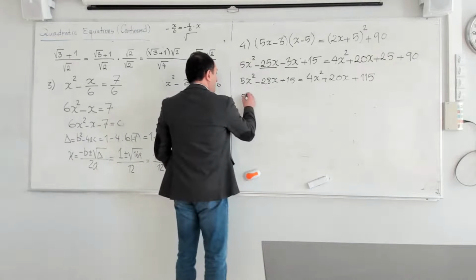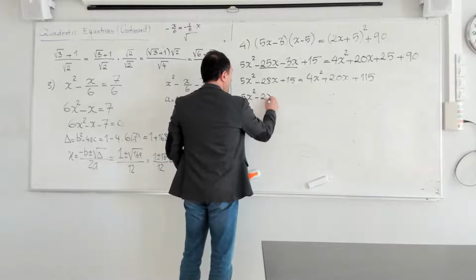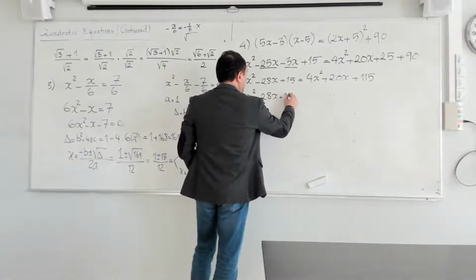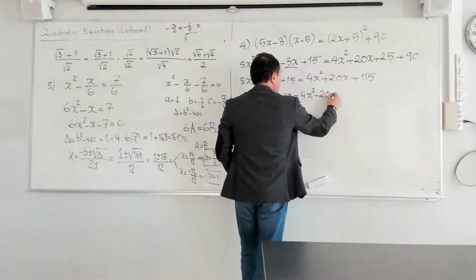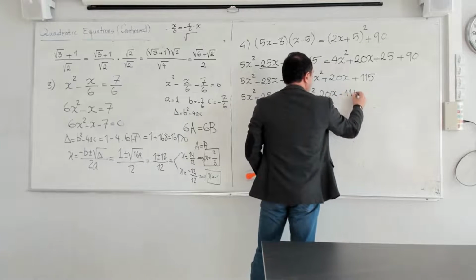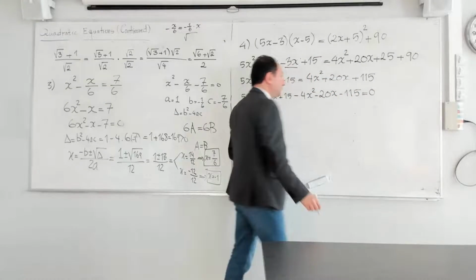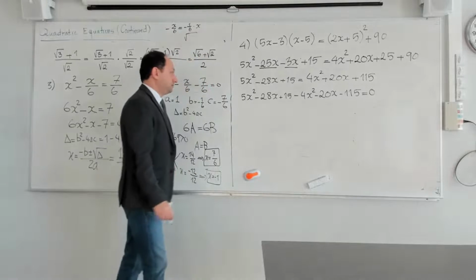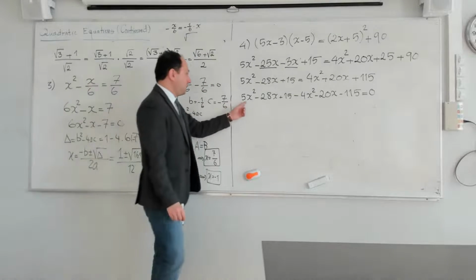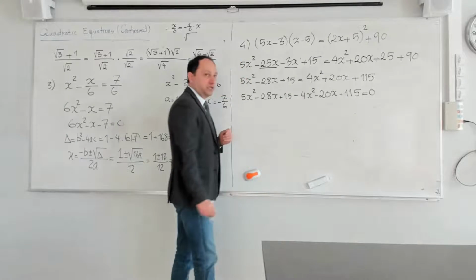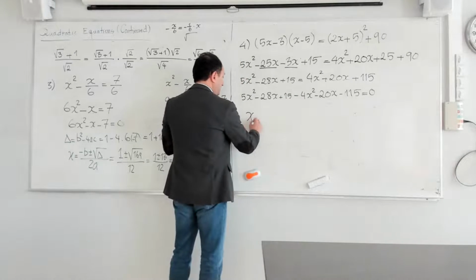So it becomes 5x squared minus 28x plus 15 minus 4x squared minus 20x minus 115 is equal to 0. Simplification, 5x squared and 4x squared negative, it becomes 1x squared.